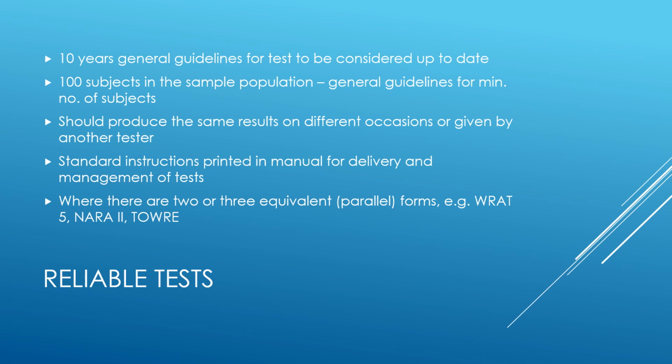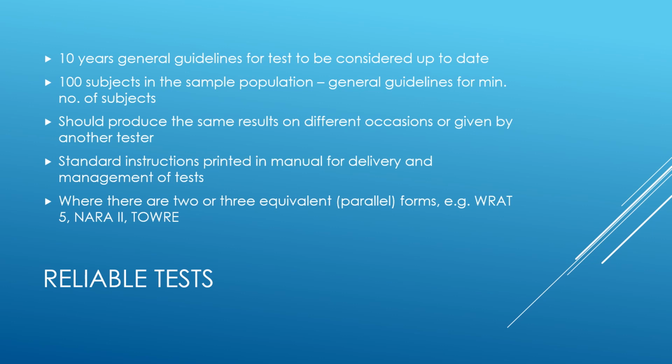Standardized instructions are very, very important, so that they're delivered in the same way. These are usually printed in the manual, so that delivery and management of tests is consistent, so that we know what we're doing and our results are going to be reliable. And where there are 2 or 3 equivalent forms, for example, the RAT 5, there's 2 different forms, green and blue, and the same with the Towery, there's 2 forms.